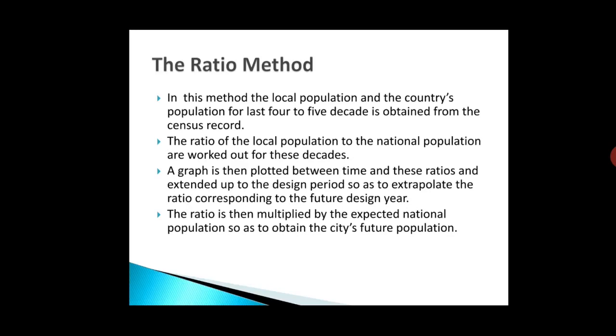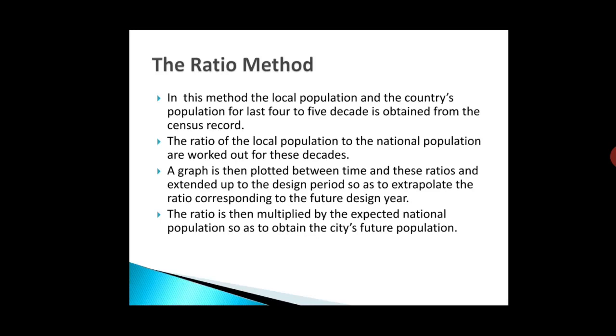In this method, the local population and the national population for the last 4 to 5 decades are obtained. Then the ratio of local population to the national population is worked out for these decades. For example, if you want to forecast the population of Rourkela, then you have to compare the population of Rourkela to the population of Odisha for the last 4 to 5 decades.